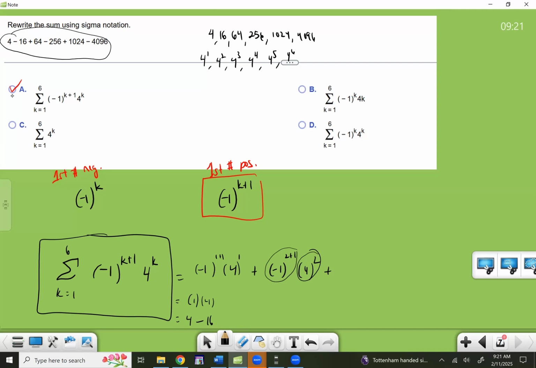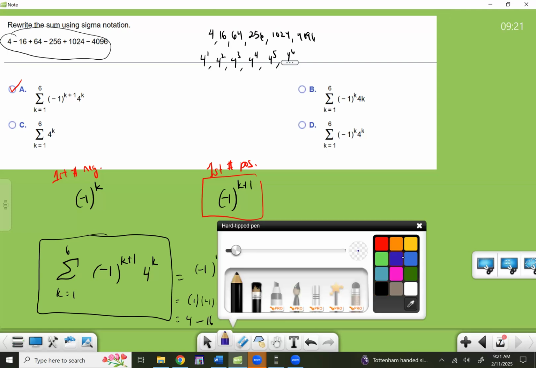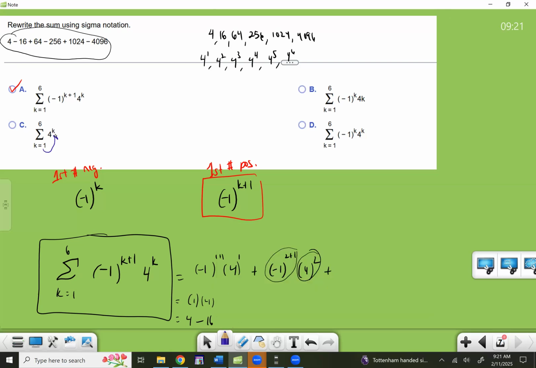Now, if you want to do it the multiple choice way, I would just start by substituting in 1. Here, if I substitute in a 1, 4 to the first is 4. So it does give me the first term. But if I substitute in a 2, it gets me 16, and that's not what my second term is. My second term is -16.